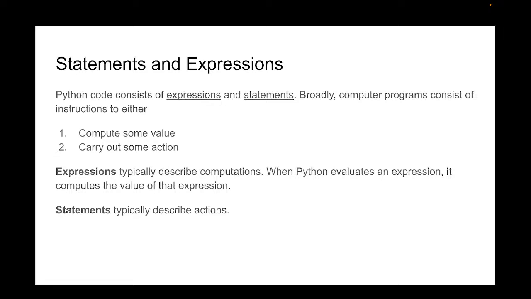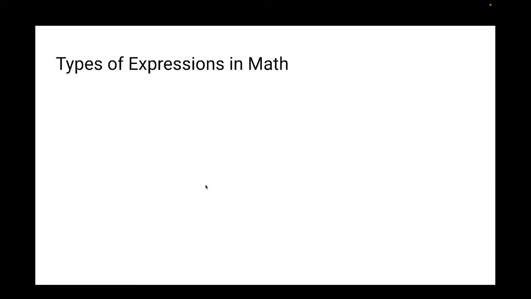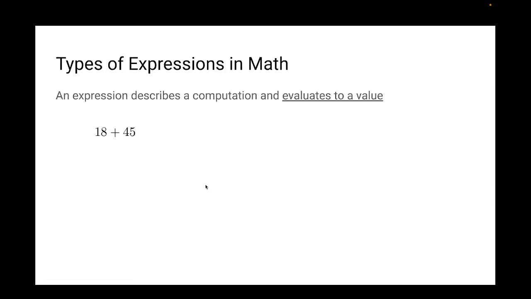That's a type of statement. But an expression would be something like 5 plus 2 that computes some value, 5 plus 2 is 7. Here are some examples: 18 plus 45, 6 divided by 23. These are all different types of computations.